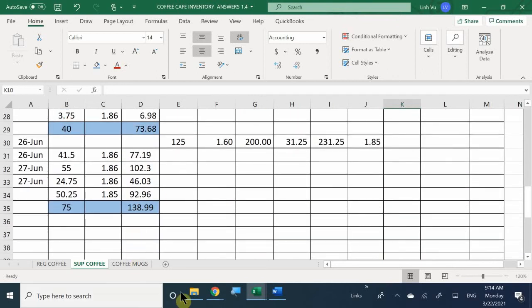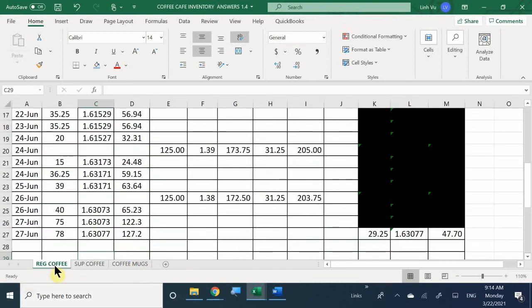So I have 138.99 sold for Supreme, and I have 127.20 for regular.